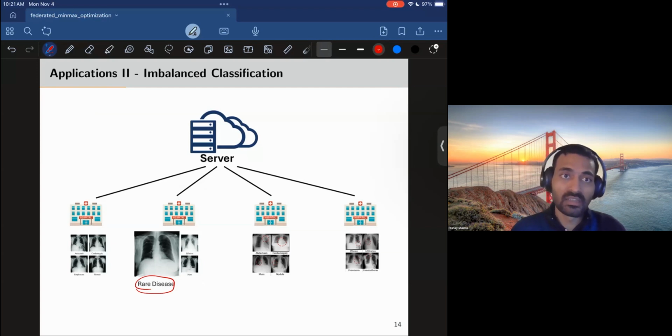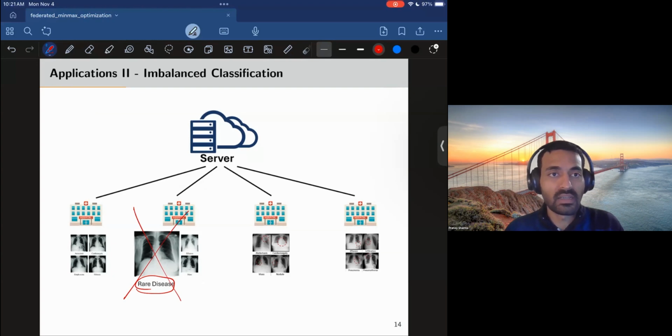In this case, again, if you only care about maximizing accuracy, you can completely ignore this sample or misclassify it and still retain a high accuracy, right? But as you can imagine, this will have very bad consequences. So we don't want to do this.